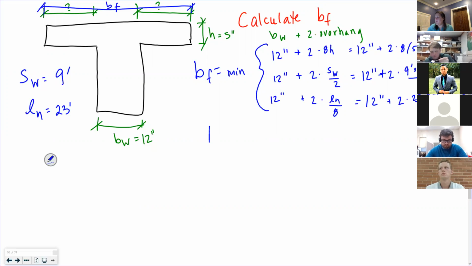So my width that I get to account for is 81 inches.